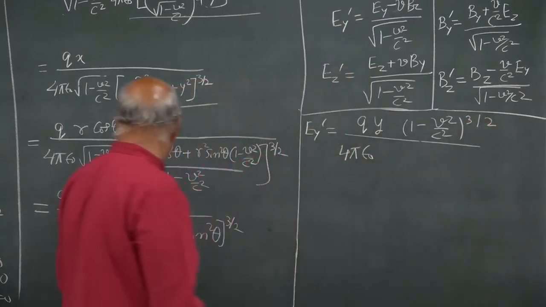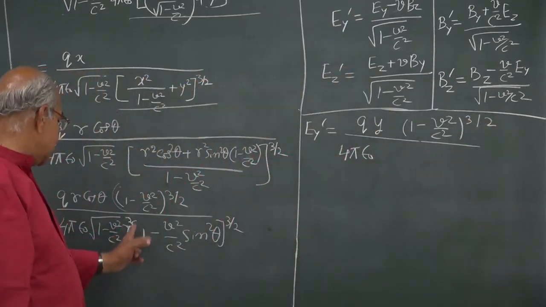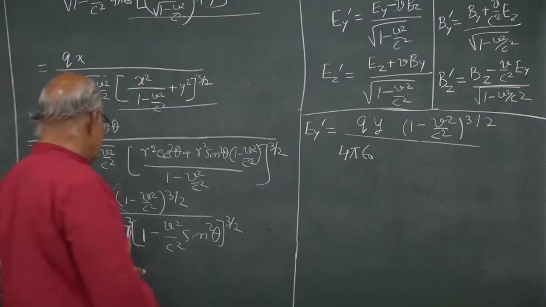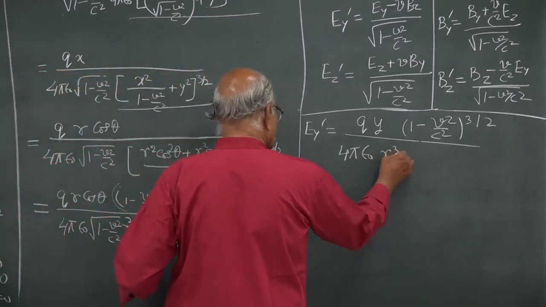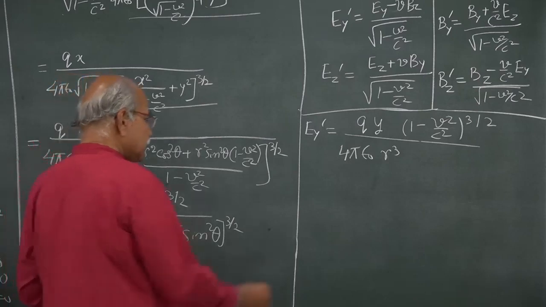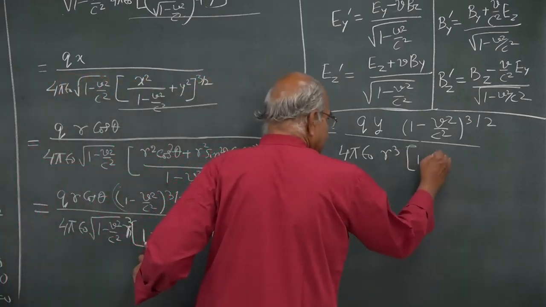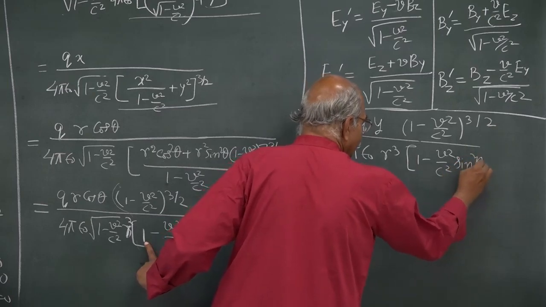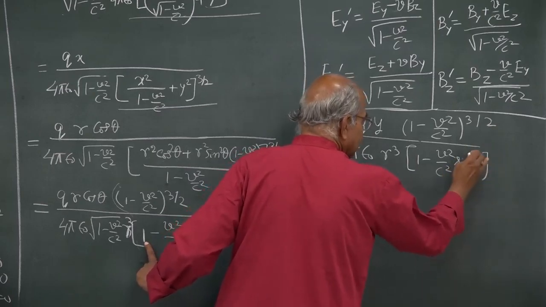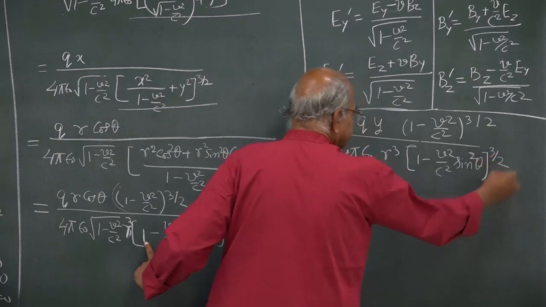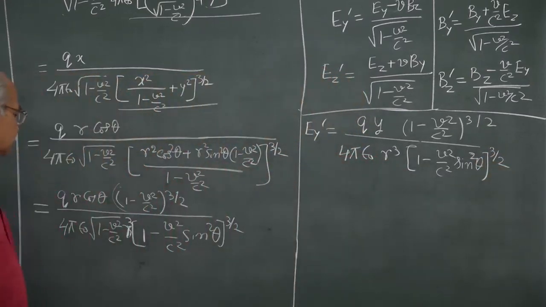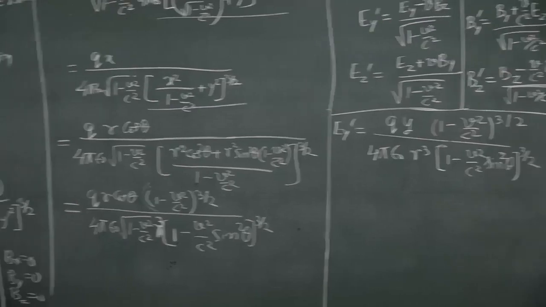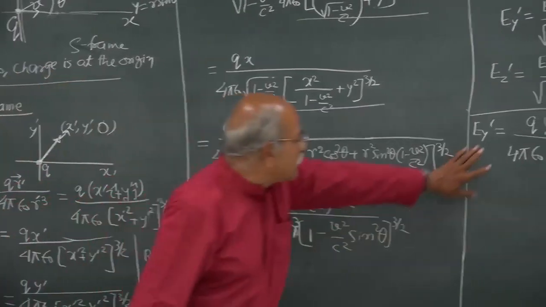So, I have written this, and then I have r cube here, and then I have the square bracket 1 minus v square by c square sin square theta, to the power 3 by 2. Okay, so check q into y by 4 pi epsilon naught, this part is here.